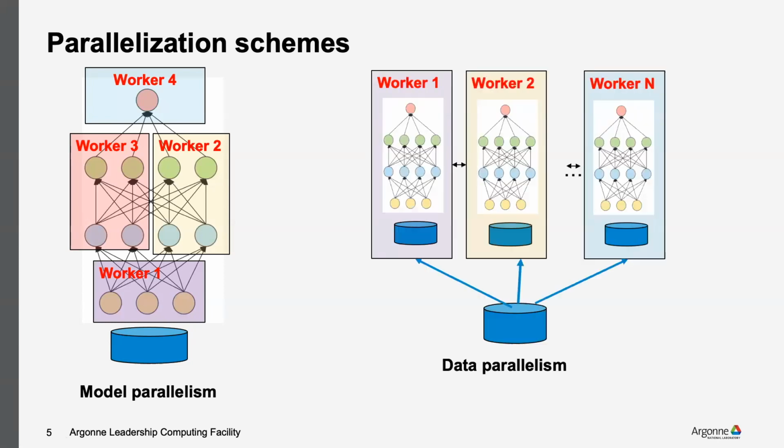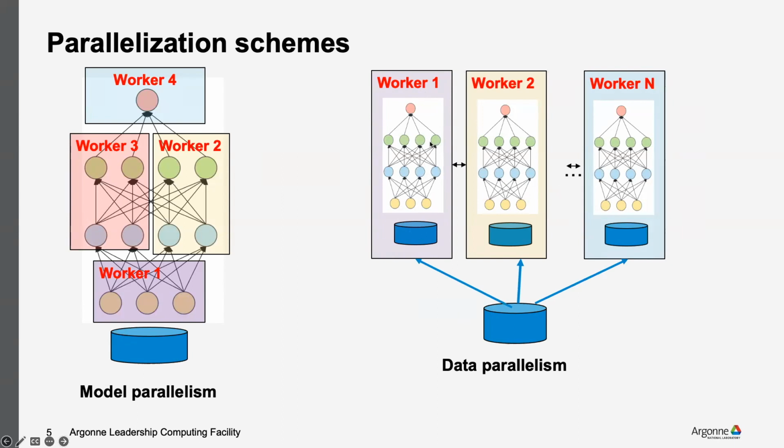Another one is called data parallelization. In this case, each worker has a complete instance of the model, so all the computation involved is inside a single worker. The only difference is that the different workers work on different subsets of the data set.